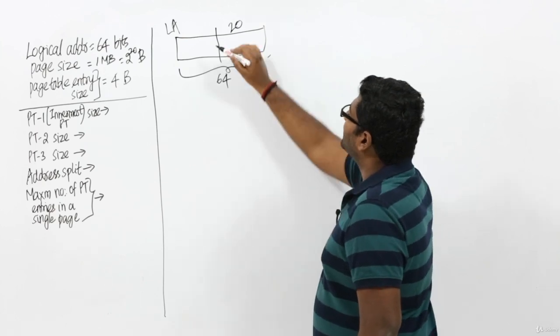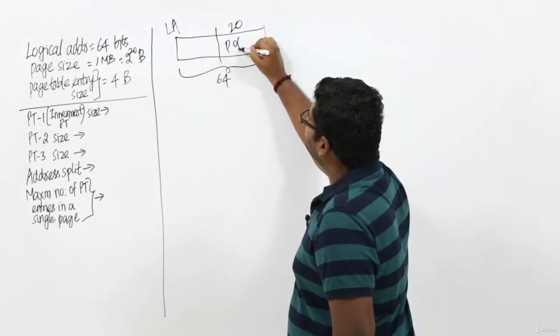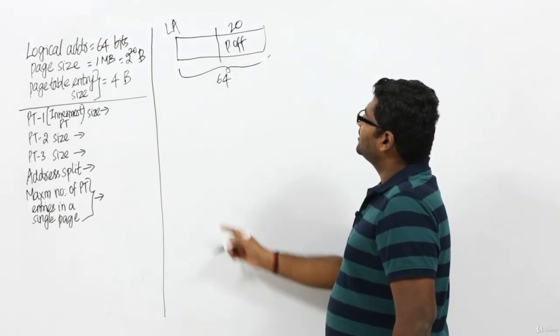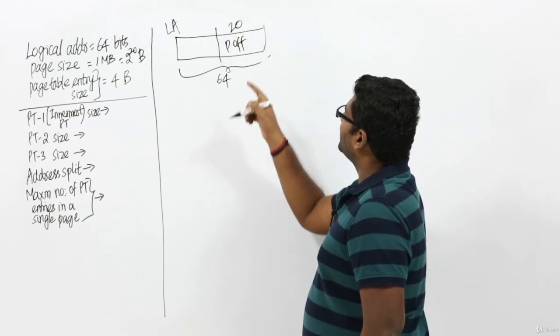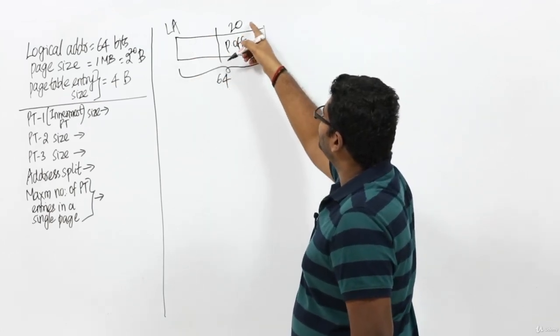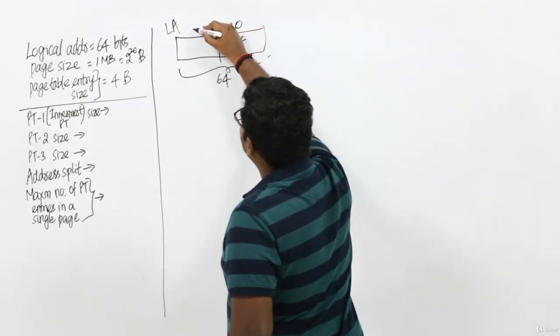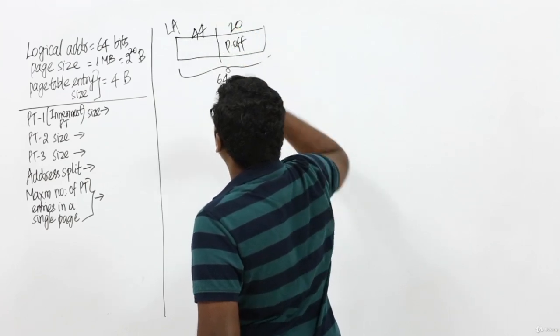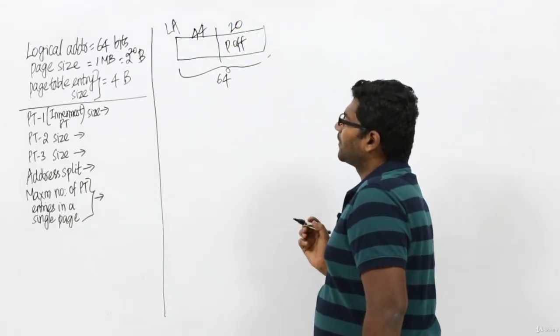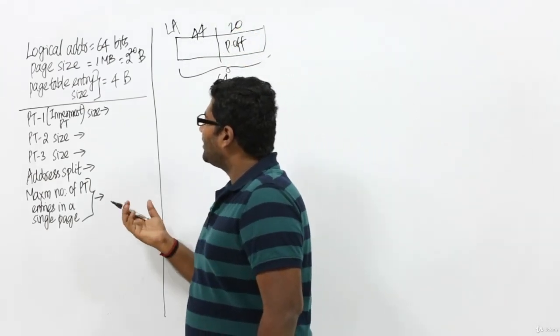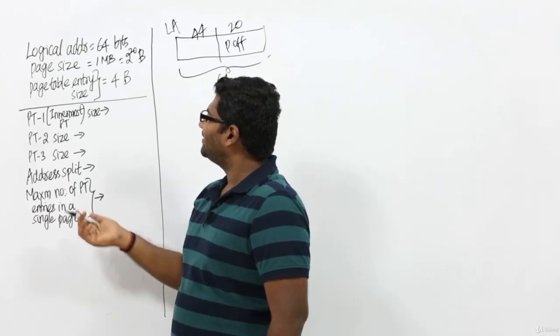Now if this is 64 and this is 20, then this will be 64 minus 20, which is nothing but 44 bits.